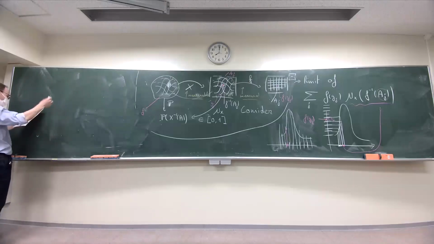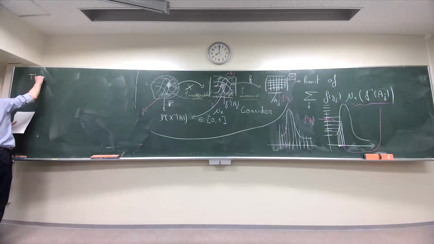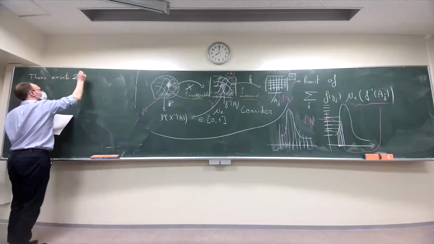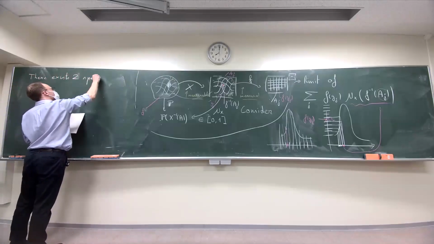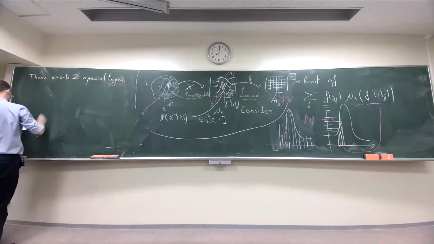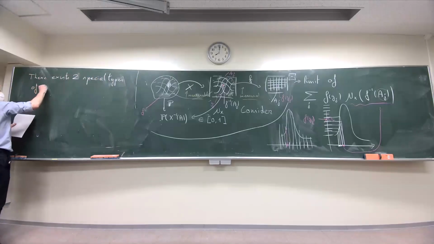Oh, it's a definition, but it's in fact an example. There exist two special types of random variables.